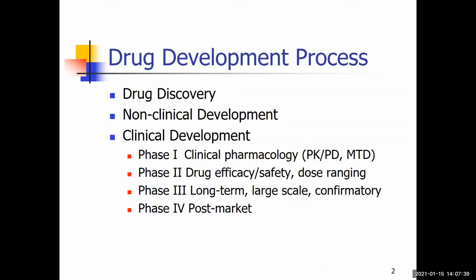Remember, it's milligram per kilogram, and you get into a human body weight, milligram per kilogram. And from that NOAEL, after translation, you're going to multiply it by a safety factor like 1/10 or 1/20, and that'll be the starting dose for human.